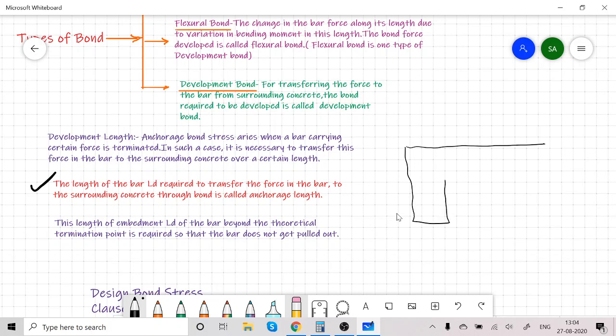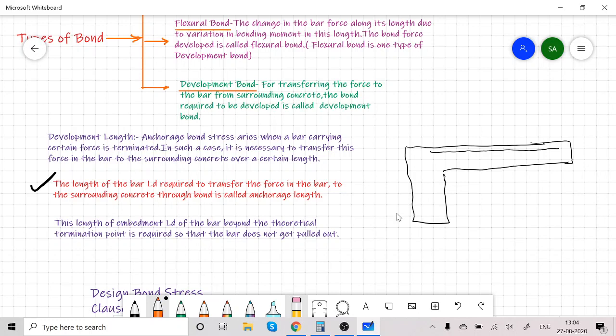For example, consider a cantilever beam or a cantilever slab. This is a cantilever slab, and to resist tension, as there is a hogging bending moment, tension will be at the top. So main steel is provided at the top. Now if you provide the bar up to this point only, what will happen?